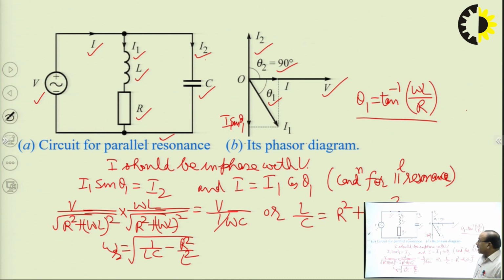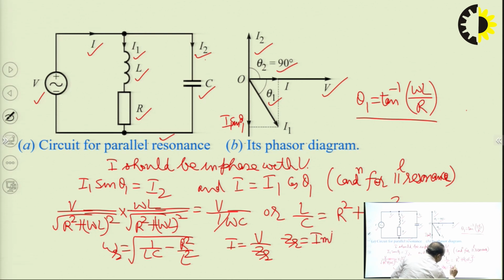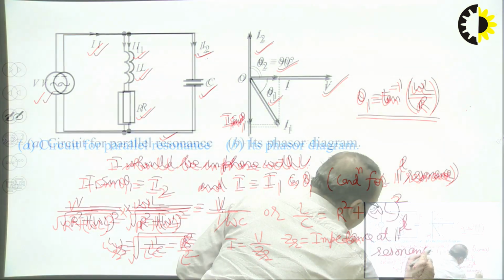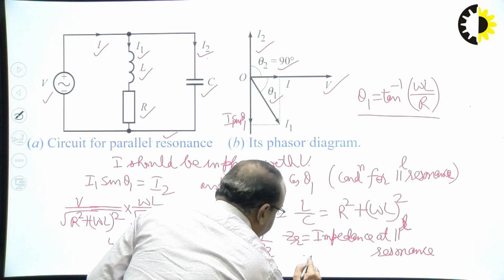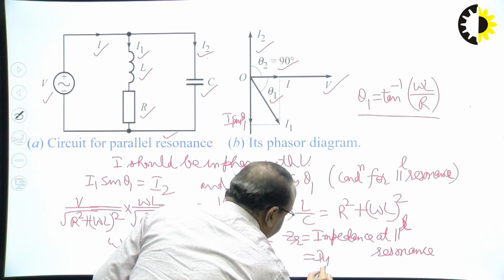And from this we can also find the impedance of the circuit. The impedance of the circuit will be given by I equal to V upon ZR, where ZR is the impedance of the parallel resonant circuit, which is also known as dynamic impedance.